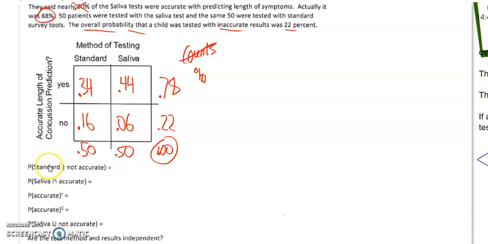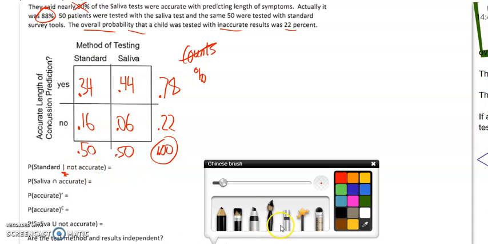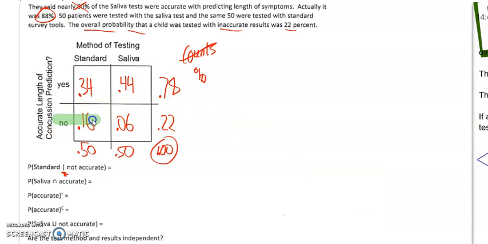All right. So probability that standard, what is this? Given. Probability that it was the standard test given that it was not accurate. So where is this given that it's not accurate? I'm going to go to my highlighter and say, okay, well, where is it not accurate? Well, it's this whole row down here. So this is the 22% of inaccurate results.